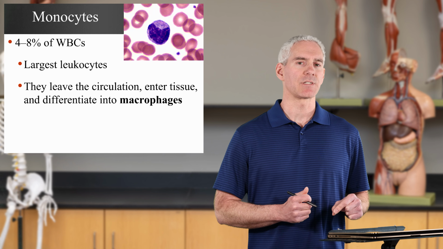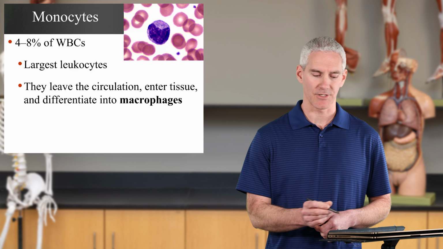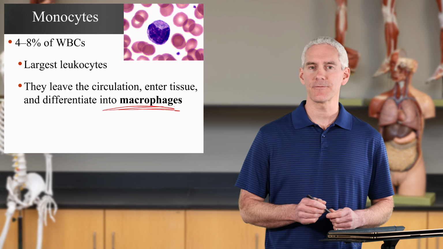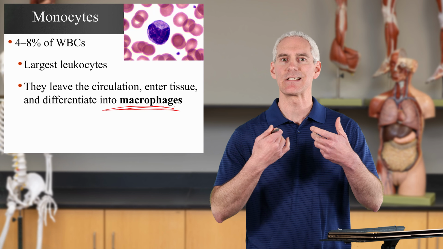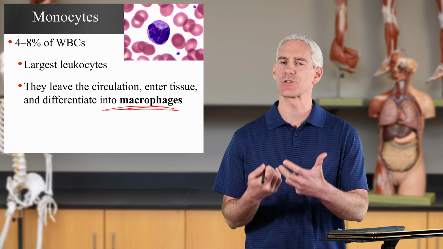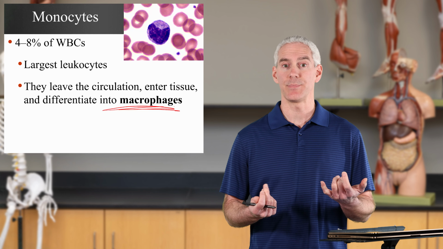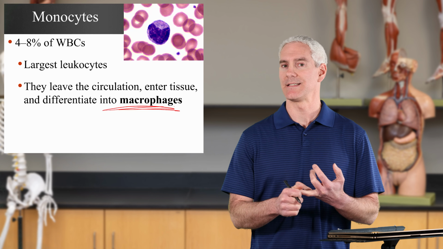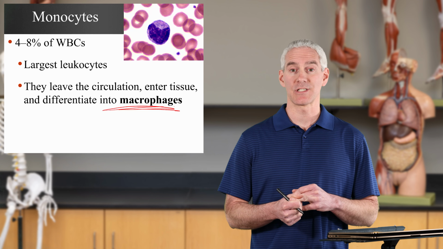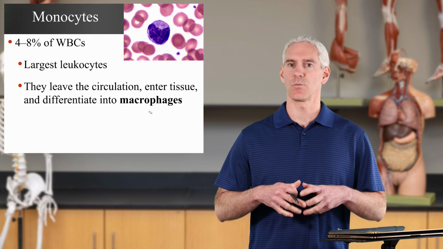Now, these monocytes can leave the circulation and turn into macrophages. Macrophages are vitally important in your body because they engulf, they eat, they destroy whatever shouldn't be there. Whether it be foreign particles, bacteria, virus, whether it's dead and dying cells, whether it's just simply dirt and debris, it doesn't matter. The macrophages will destroy it.